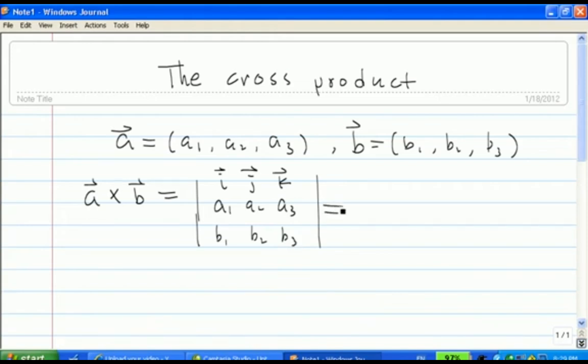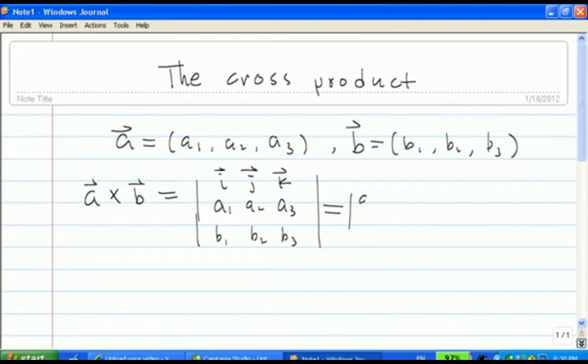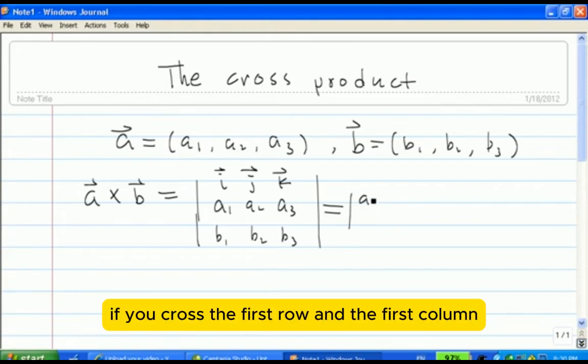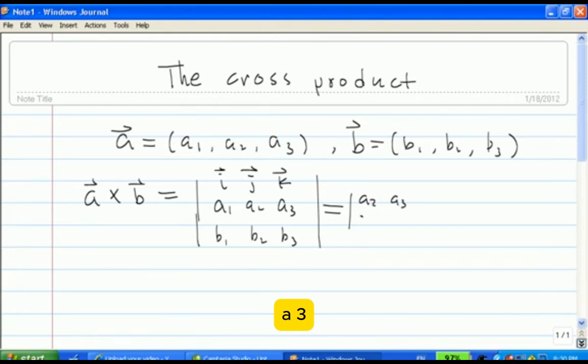Then this is like a determinant. So if you cross the first row and the first column, then you end up with a 2 by 2 determinant: A2, A3, B2, B3.